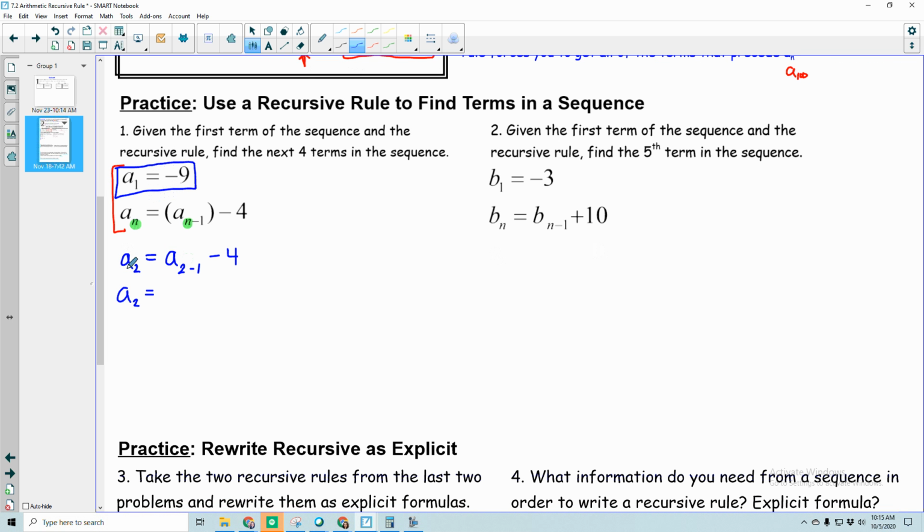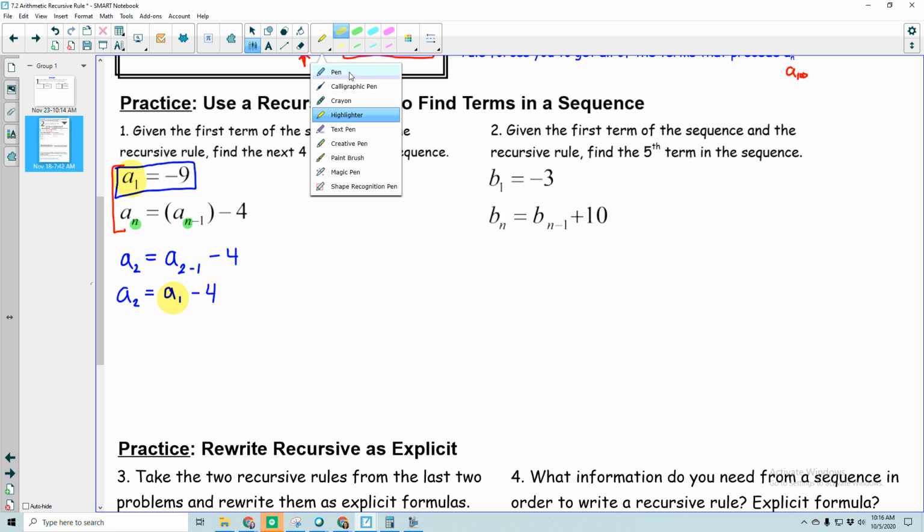All right, so we can simplify this a little bit. Like the 2 minus 1, we know that just simplifies to 1. So we can change this to a sub 1 minus 4. Well, we know what a sub 1 is. The first term in the sequence is negative 9.